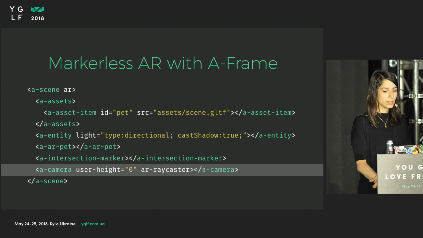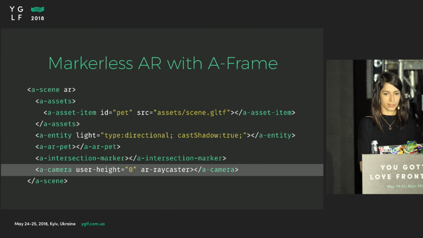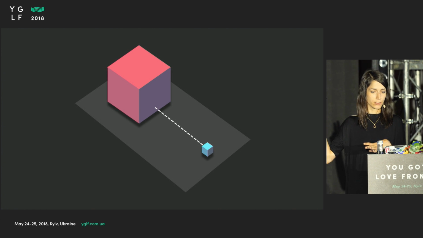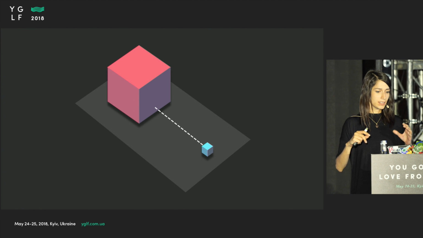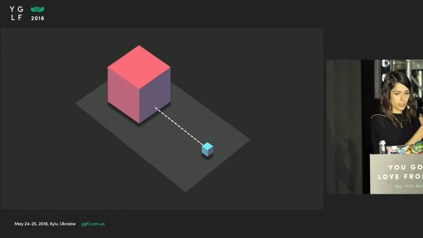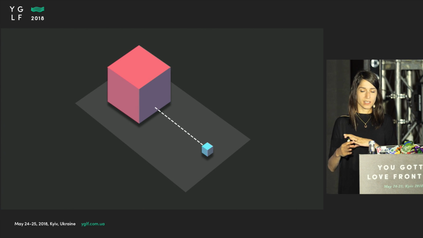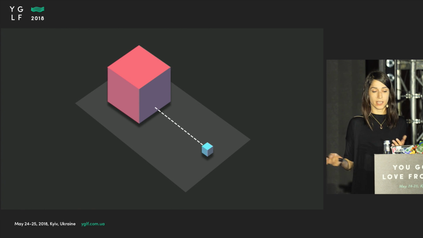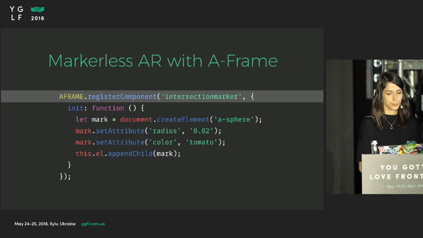So last, we need a camera, of course, with an AR raycaster to detect surfaces. For those of you who don't really know what raycasting is, here's a simple illustration. In our case, it means that we are extending an invisible line from the camera towards the direction the camera looks to check whether the line intersects with other entities, which could be, for example, detected surfaces or 3D objects.